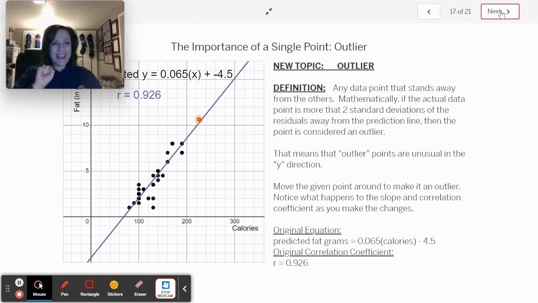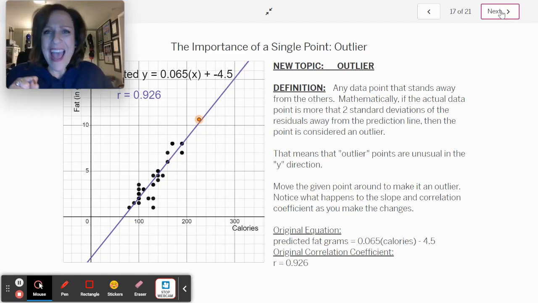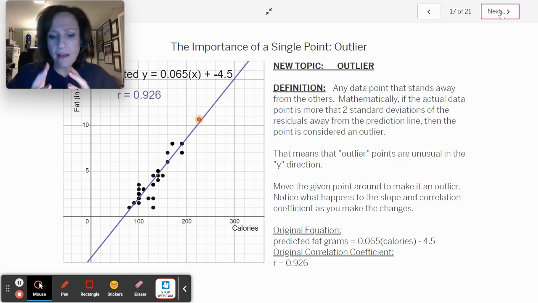New topic. Okay, third vocabulary word of the day. Here we go. Outlier. Well, you say, what? Ms. McClellan, hello. We've been talking about outliers forever. Yes, we have. Okay, but we have not talked about outliers in terms of two variable equations. We have not talked to them about linear regressions.